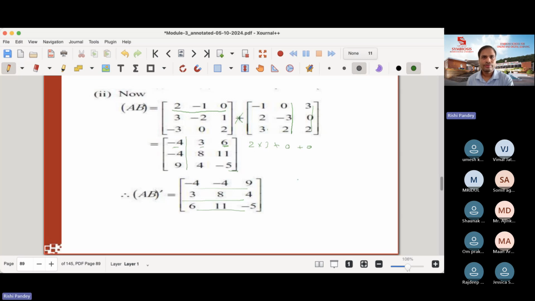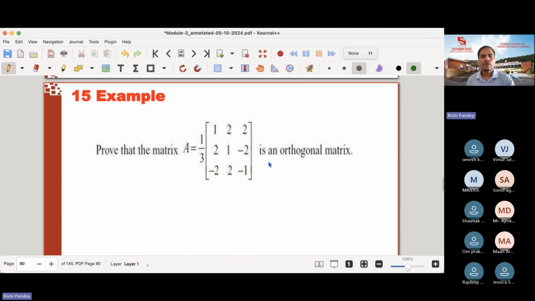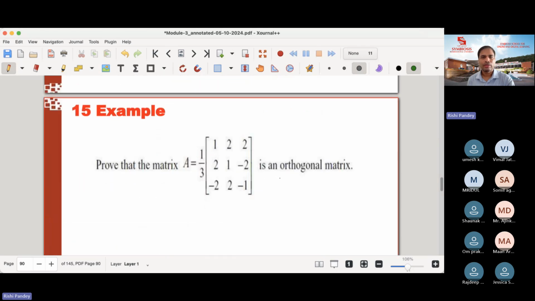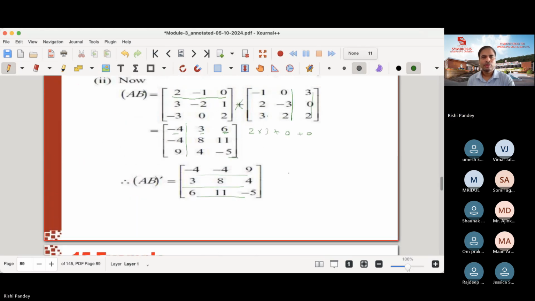Any doubt? No, sir. Okay. So similarly, we will follow the BA transpose. So if you find the BA transpose, means take B transpose and A transpose multiplication, you will get the same number. Okay. So it is for you.